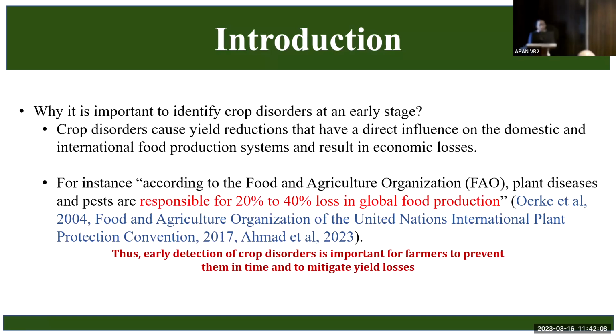According to the Food and Agriculture Organization, plant diseases and pests are responsible for 20% to 40% loss in global food production. On the other hand, farmers also really want to access crop disorder information because they want to mitigate yield losses. So mostly our application is used for accessing the crop disorder details.